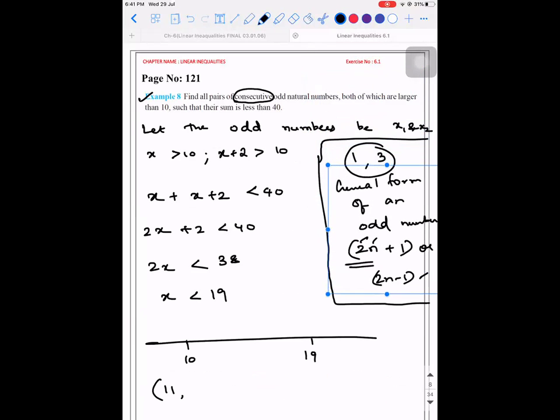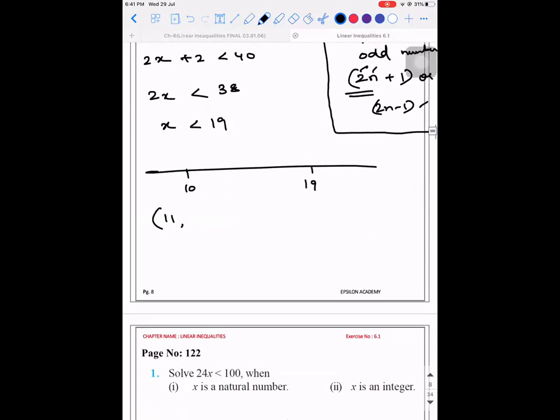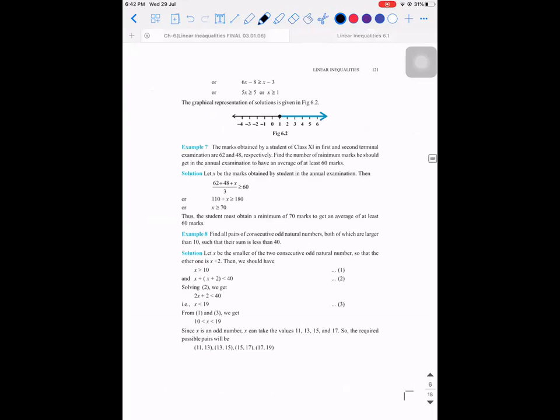Okay. I didn't see that point. So 11 and 13, the consecutive one after 11 is 13, then 15. After 15, 17. 17, 19, can I write? No, sir, because 19 is not included. So only there are 3 pairs.